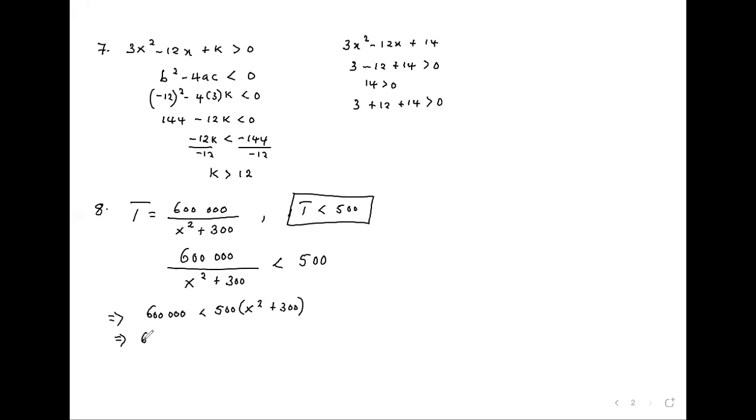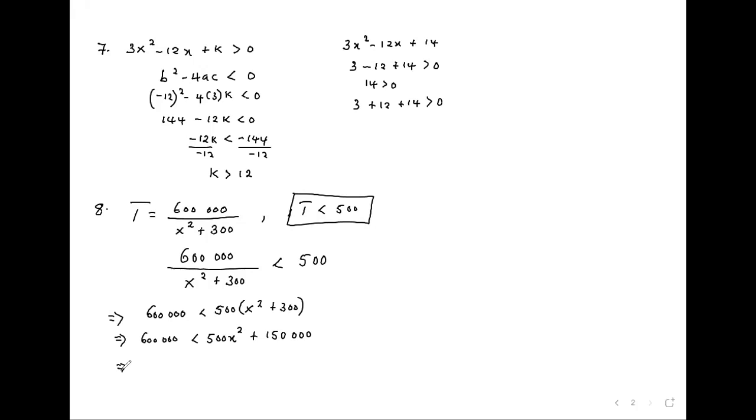So we'll have 600,000 less than 500X squared plus, we expect to have 4 zeros there as we multiply 3 by 5 to give us 15 and the other 3 zeros. So we'll get 150,000. So we subtract, since there's no X attached there, we subtract this number.